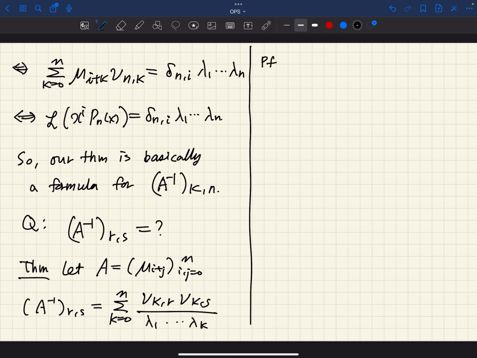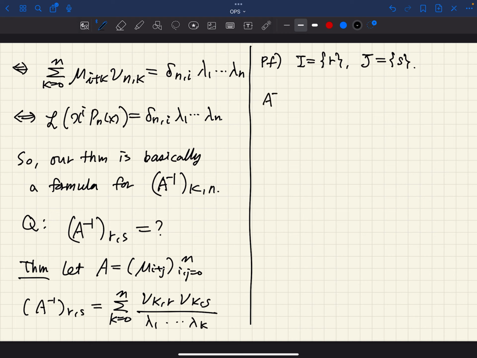Proof, but only a sketch. I'm going to sketch the proof. Again, you see the matrix is like you delete a row or column, the r-th column, or the s-th row, things like that. So we need to do some setup. Let's say i is r, the one element, j is just the one element, s.